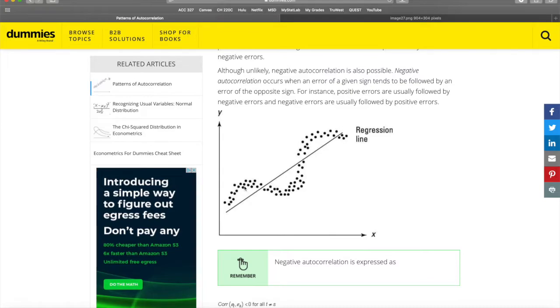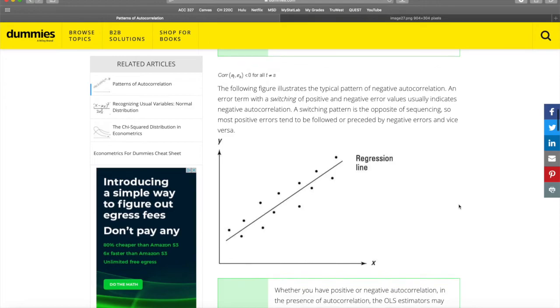Similarly, when we go from this point down to this section of the graph, the errors slowly decrease in value until they get more and more negative. So in summary, that's what positive autocorrelation is. You're going to have errors which follow each other with the same sign. From here to here we have positive autocorrelation in the increasing direction, and from here to this point we have positive autocorrelation in the negative direction.